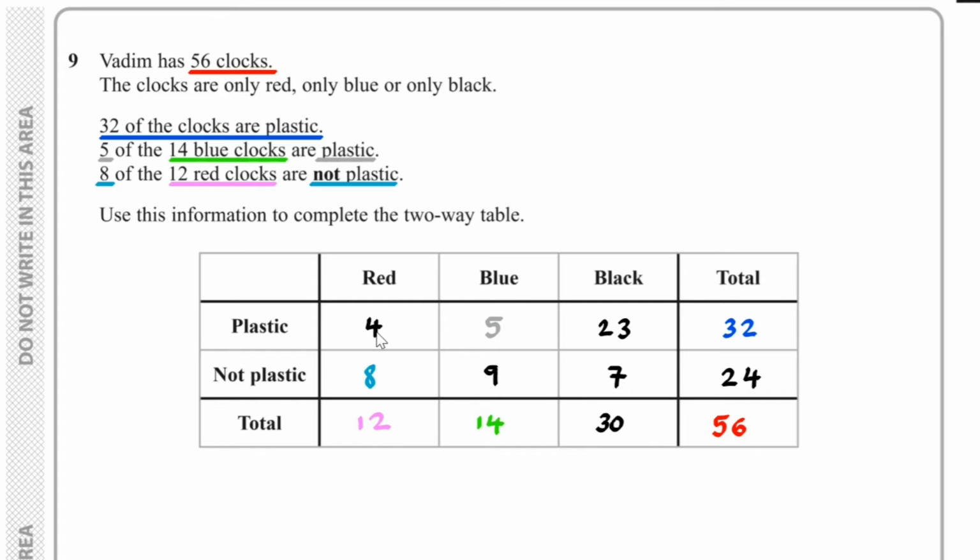So we've got 4 red plastic, 9 blue non-plastic, 23 black plastic, 7 black non-plastic, a total of 24 which are not plastic, and a total of 30 which are black.